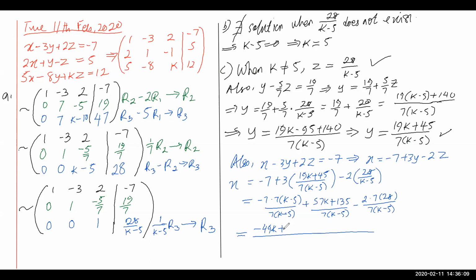Is that 245? Please confirm. So plus 57k plus 135 minus, can somebody check 14 times 28 for us?